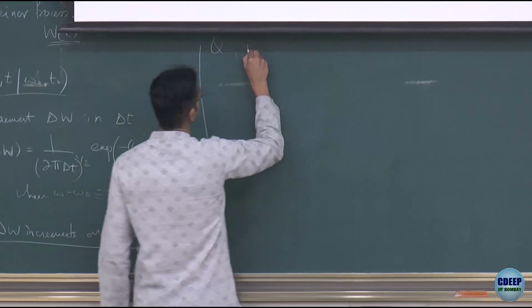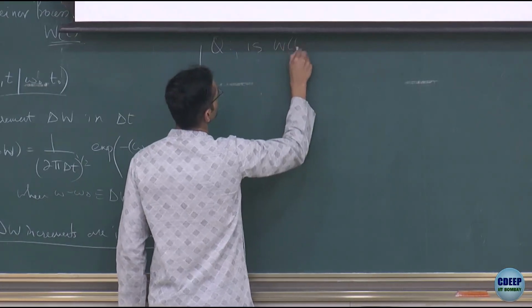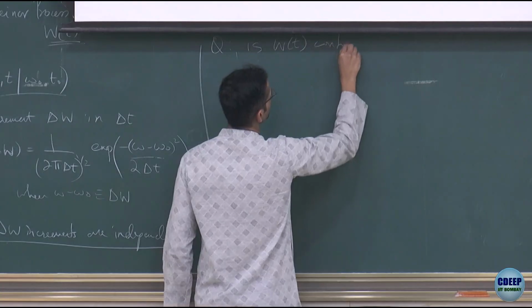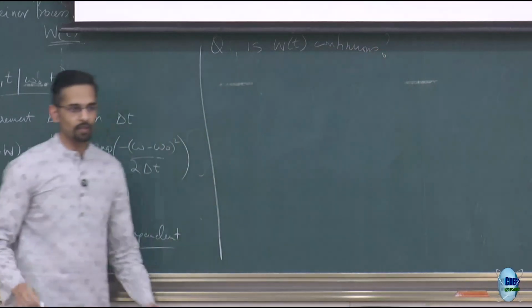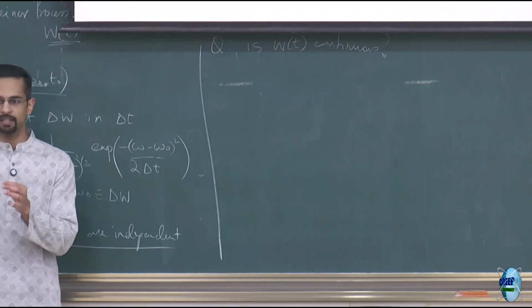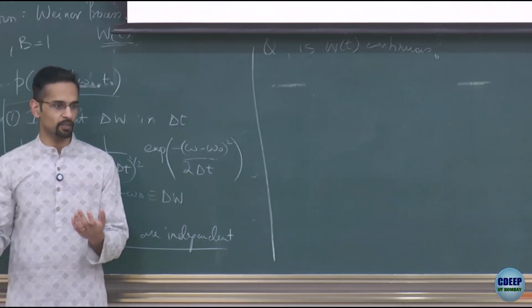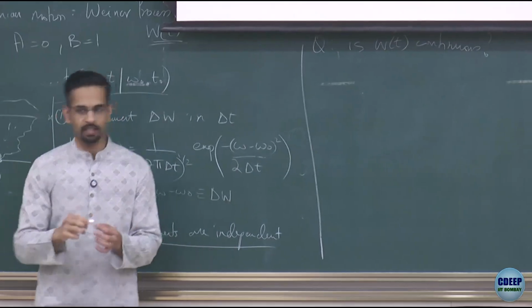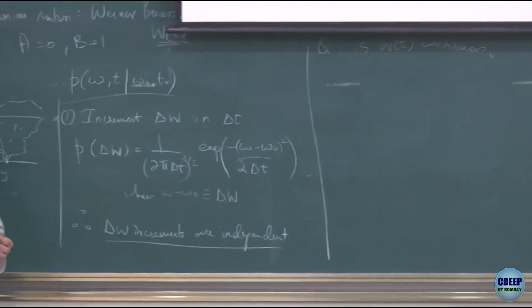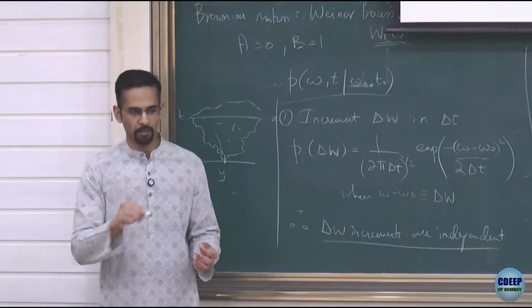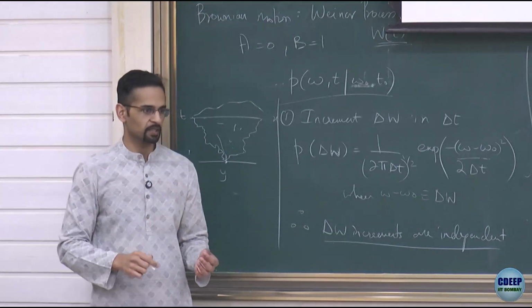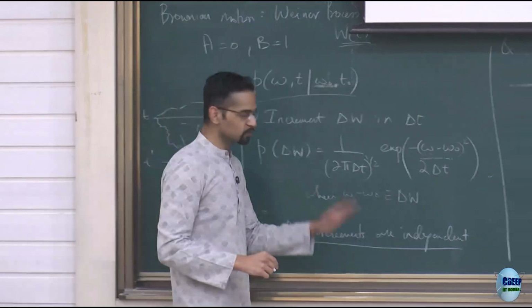Now the question is, if I look at these trajectories, W of t, right, are they continuous functions of time? Or am I teleporting? Am I making big jumps? Right? Or am I always arbitrarily close to where I was at the previous time? Now we know that it should be continuous.